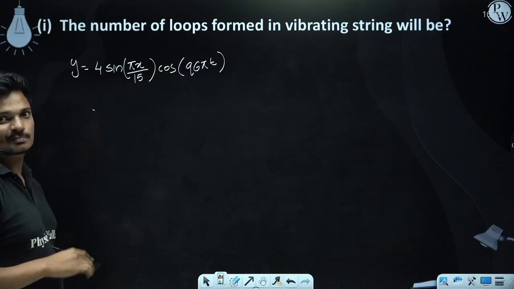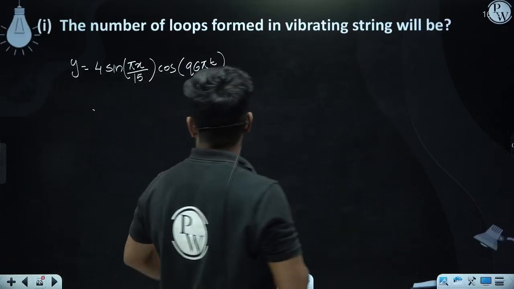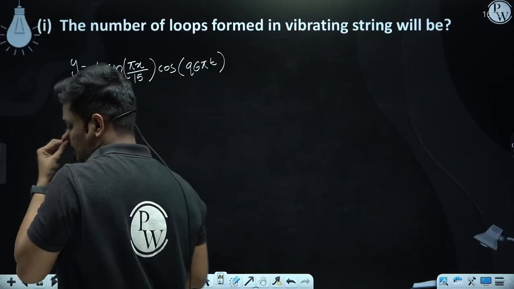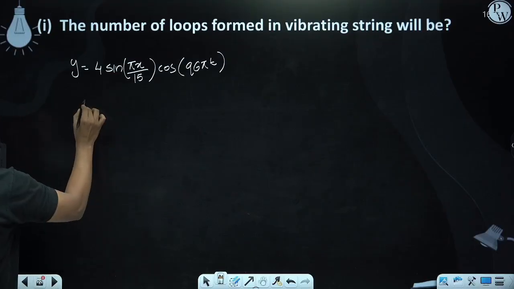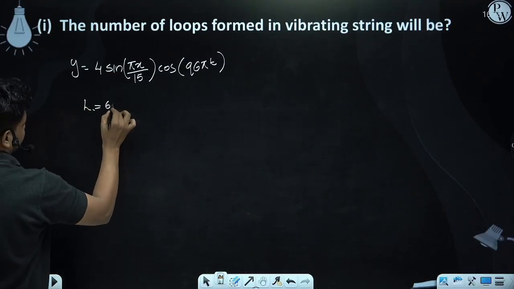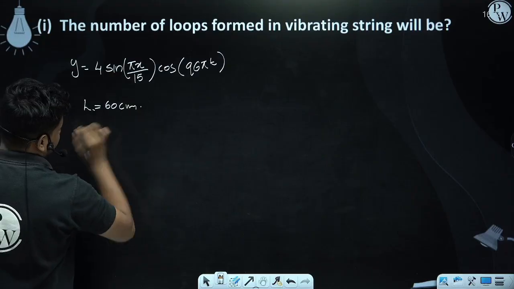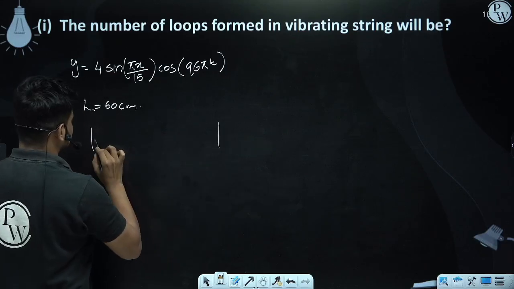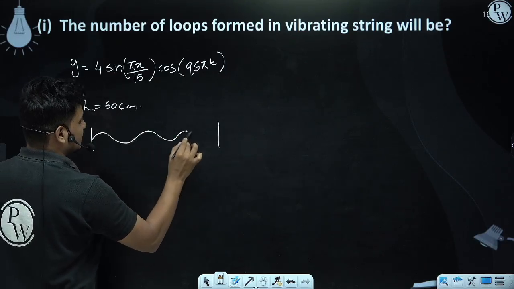This is our standing wave equation. So what we have to find? The number of loops formed in the vibrating string. And we know the length is given, length is 6 centimeter. Okay, so if both ends are closed, this will be like that.